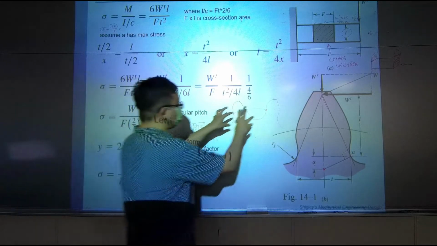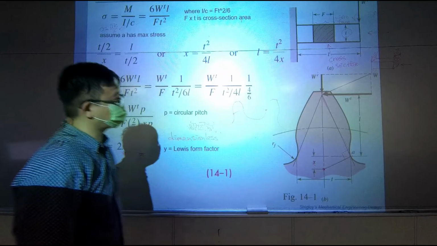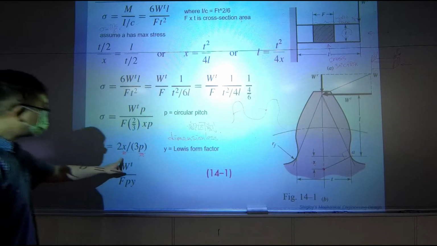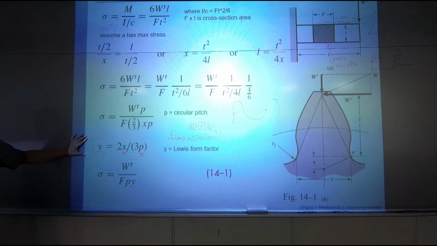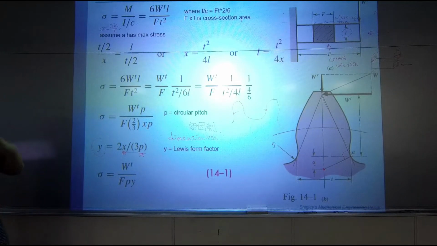So basically how frequent you see the teeth, right? So with those two key parameters, you can form a dimensionless factor, and it's called the Lewis form factor. It's like a shape parameter.